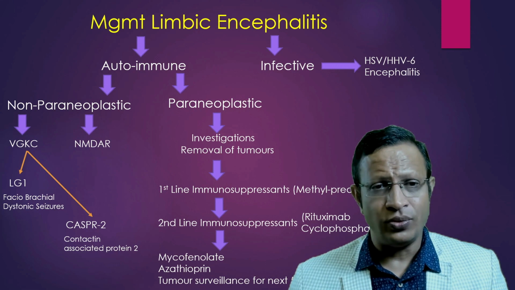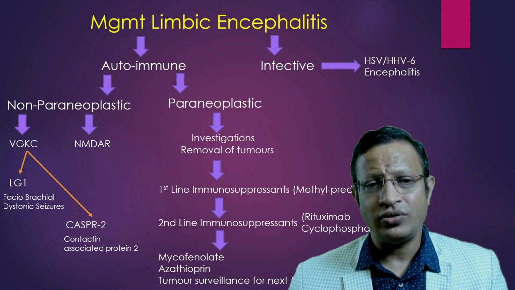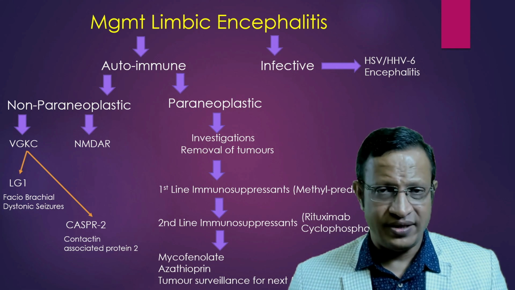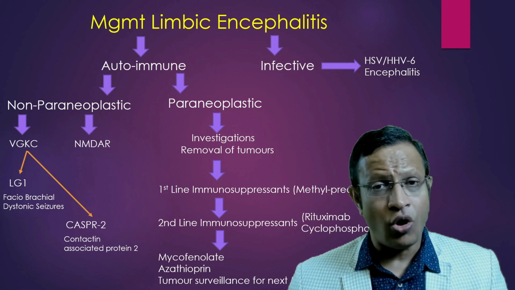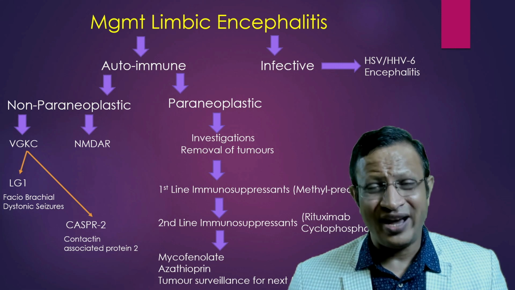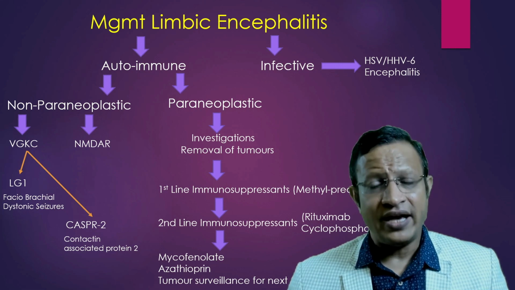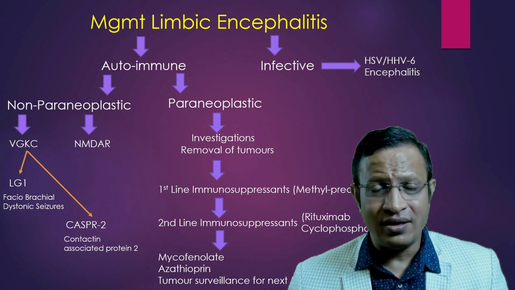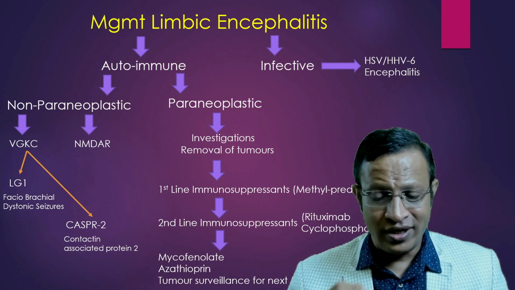And also Caspr2, that is contactin associated protein 2, which presents with peripheral abnormal movements. At the same time, the patient will also say burning sensation across the body is the commonest, so you may consider it as a polyneuropathy. So these are the presentations which occur in autoimmune limbic encephalitis.